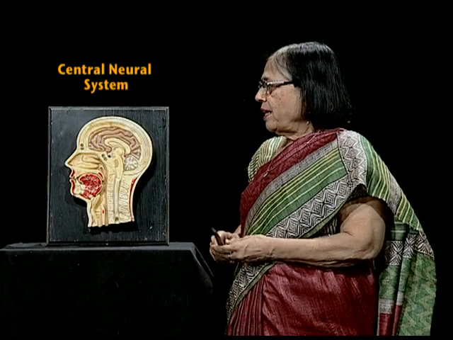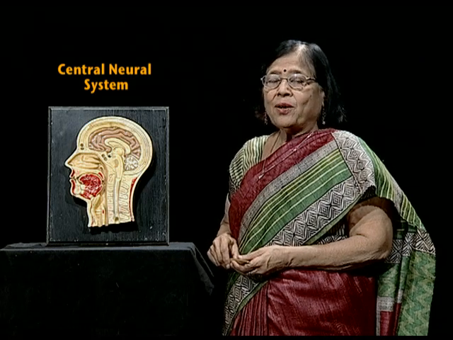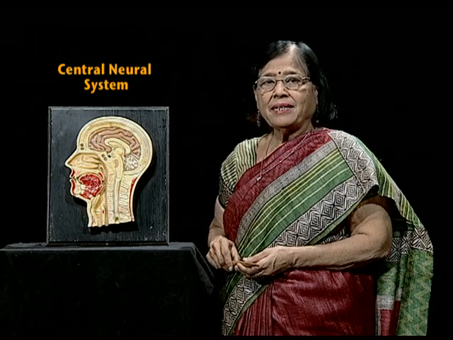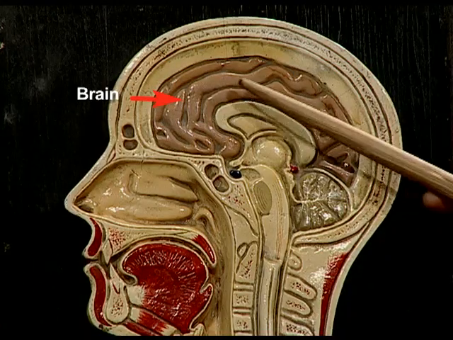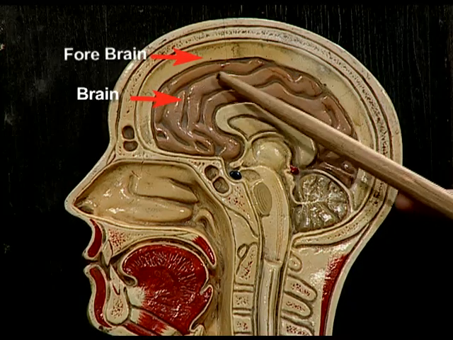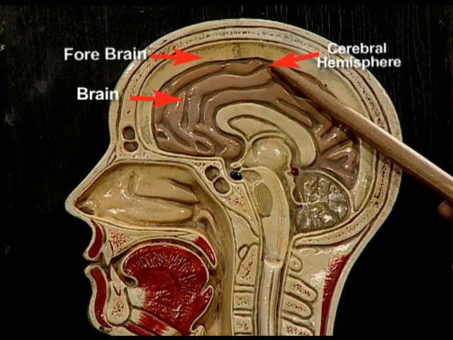Children, in this model I want to show you the brain, part of the spinal cord, and also the location of the pituitary gland and the pineal gland. You can see this is the brain and this is the forebrain. In fact, we are seeing the cerebral hemisphere here.